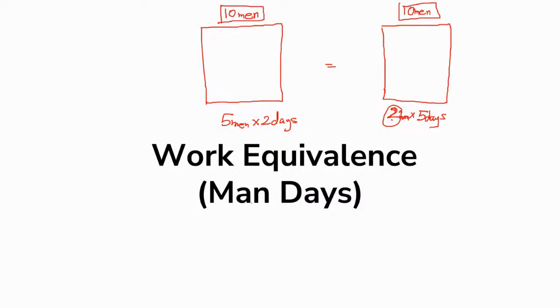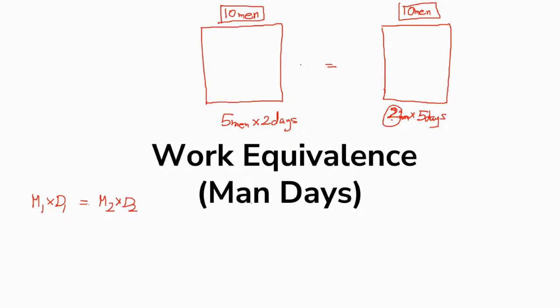So if work is equivalent, it is the number of men on the left-hand side into the number of days in the first set, and the number of men in the second set and the number of days in the second set, and these will be equal on both sides, if work is equivalent on both sides.